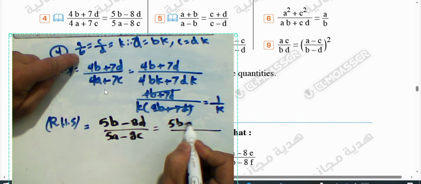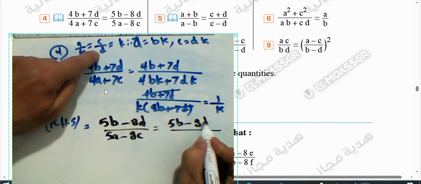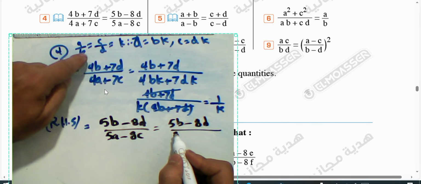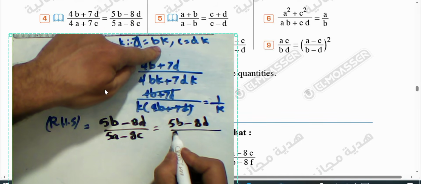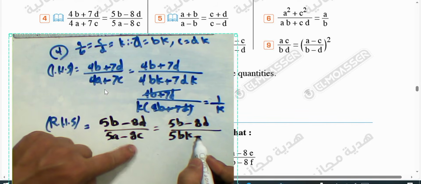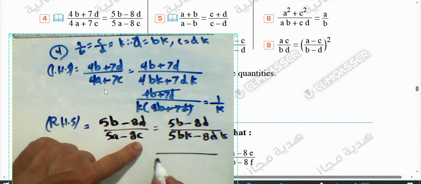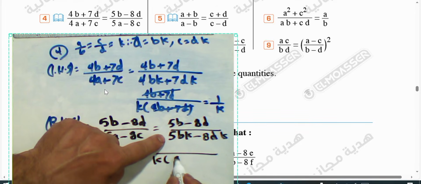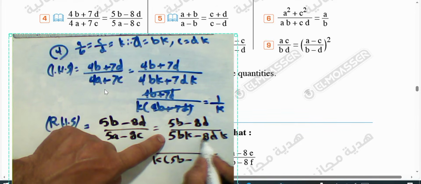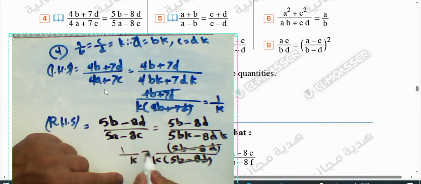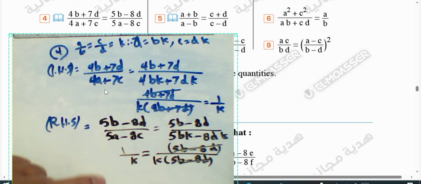We write 5B, and D is a constant also. 5 times A was BK here, 5BK subtract 8 times C equals DK, 8 times DK. We can write K as a cofactor and divide: 5B subtract 8D, K divided by K, equals 8D. Here 5B subtract 8D cancels, and the result will be 1 over K. The left-hand side equals the right-hand side equals 1 over K.